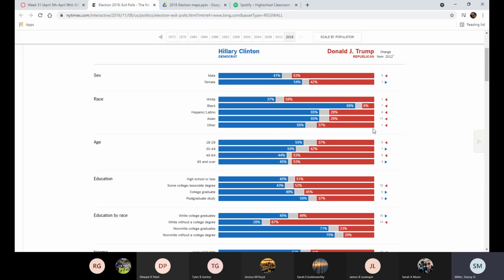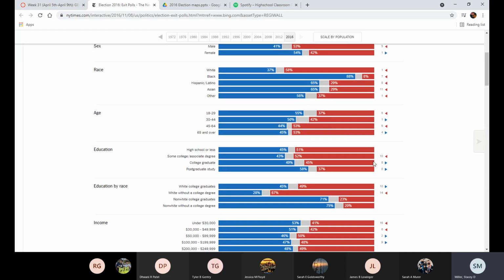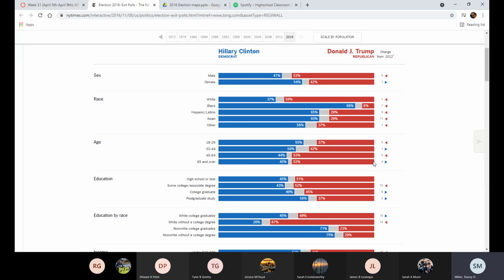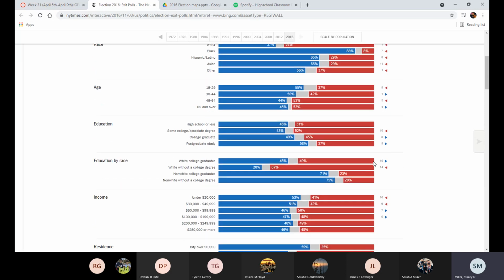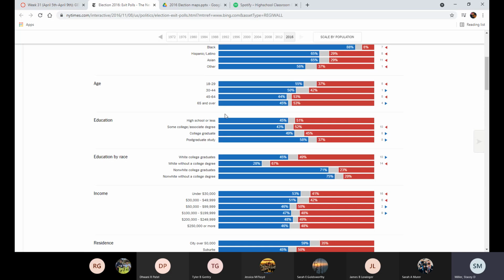Age plays a factor for sure. 18 to 29, younger people, even 30 to 44, there's more of a divide there, but 55% voting Democratic, and then 37% voting Republican with Donald Trump there. But 65 and over, you have 45% voting with Hillary Clinton and 53% voting Trump. The in-between kind of is more so they didn't vote for either.